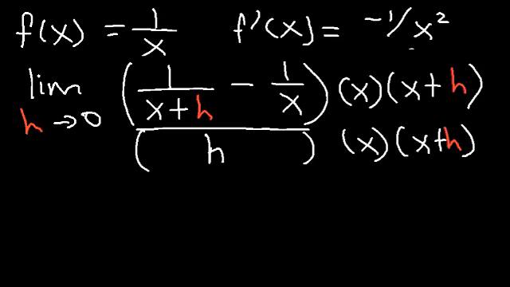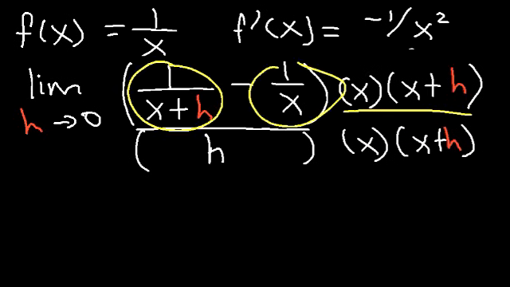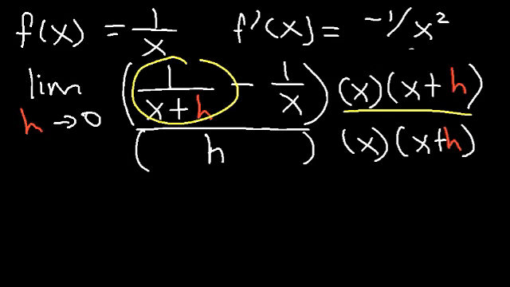So if we distribute x times x plus h to both terms, what do you think we're going to get? So what's 1 over x plus h times x and x plus h? The x plus h will cancel, and we're just going to get x.